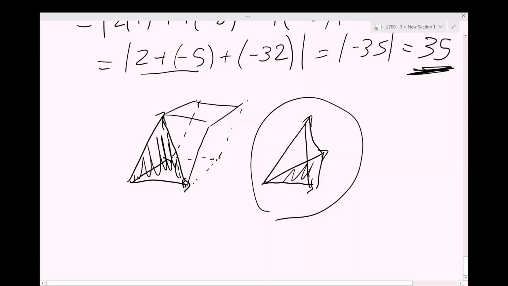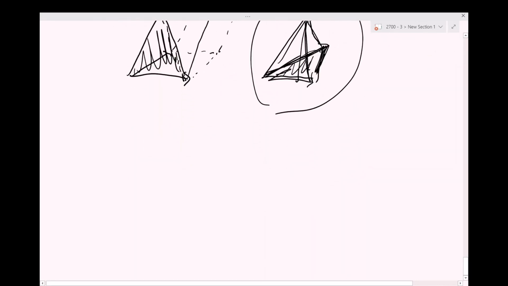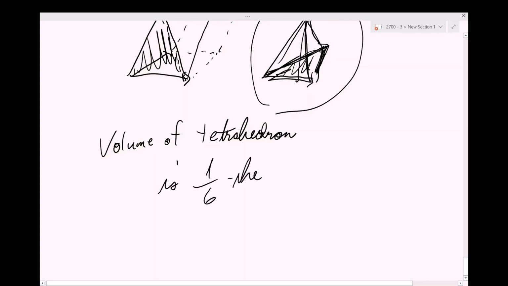Say I took something with this triangular base, but then made the prism where I just took that height, but didn't have it narrow into that single point. The pyramid is 1/3 of the volume of that prism. So let's see, 1/2, 1/3. It turns out that the volume of the tetrahedron is 1/6 the volume of the box.